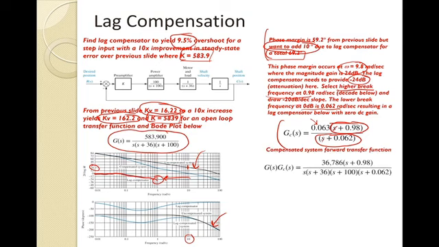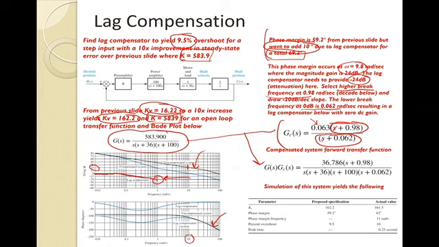And then we multiply Gc and G(s) together, and that's what we're going to have for our compensated system forward transfer function. That's what you'll see here called the lag compensated system, in blue. Those waveforms will show you essentially the result.